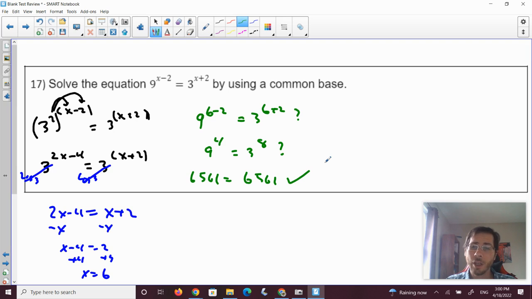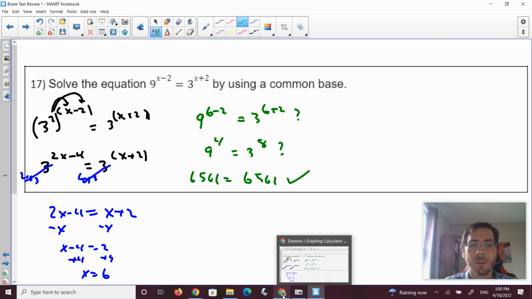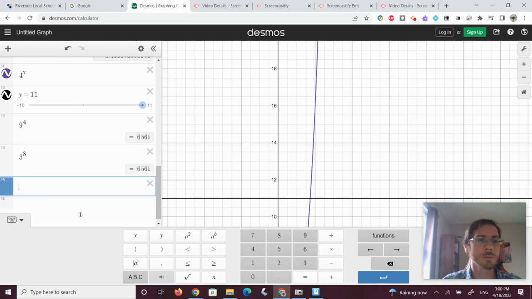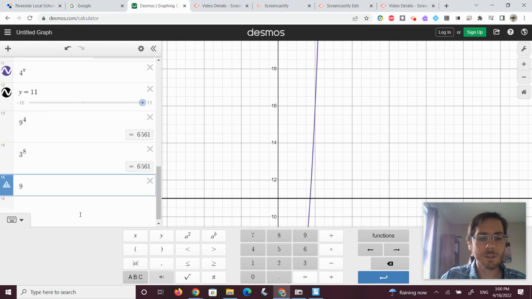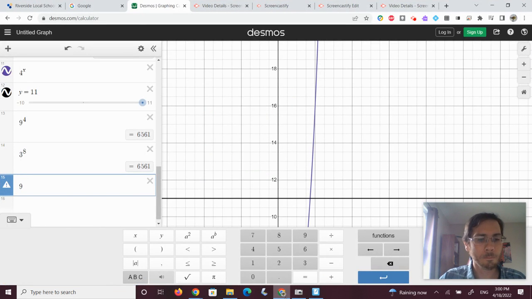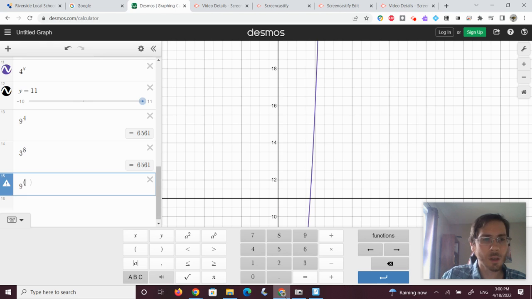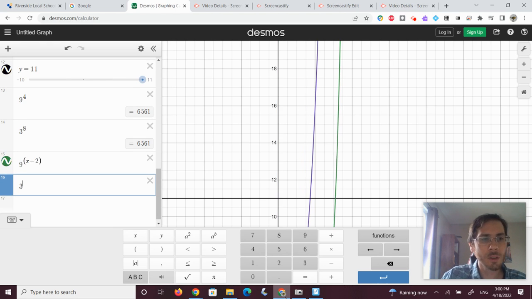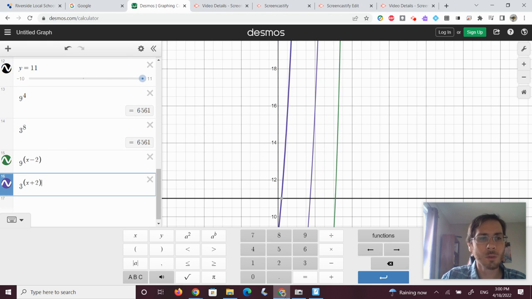Again, it's an equation, so you do have the option of checking it by graphing. So we can check it by graphing. So let's go for it. 9 to the x minus 2. 3 to the x plus 2.